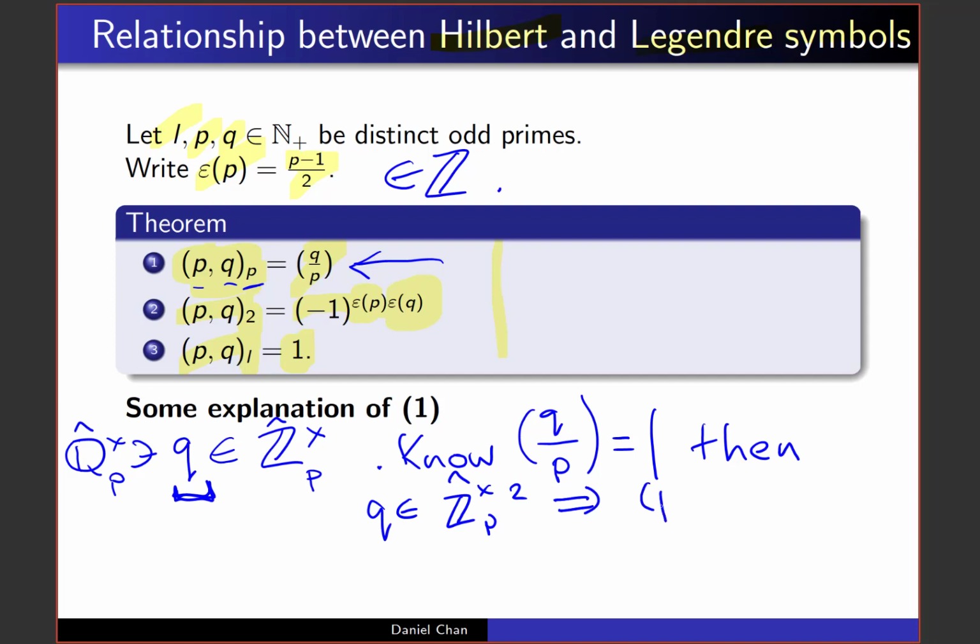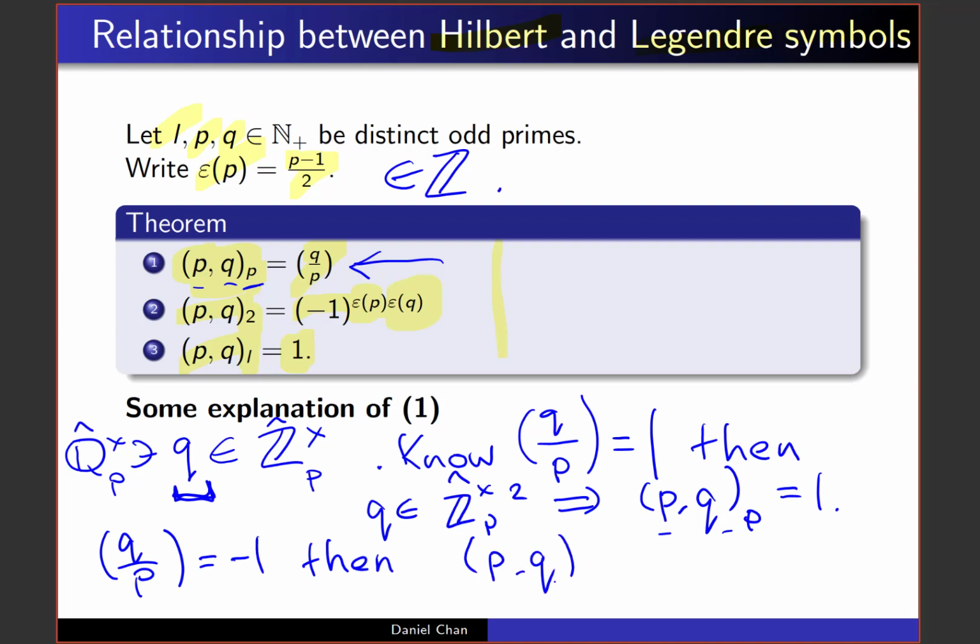So that implies that PQ, this P, is equal to 1. Okay, it's trivial on squares. If you have a square either in the first variable or the second variable, it's going to be trivial. And so the only other thing that you need to know is if Q P equals minus 1, then this PQ P is equal to minus 1.